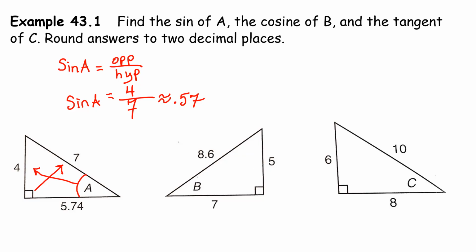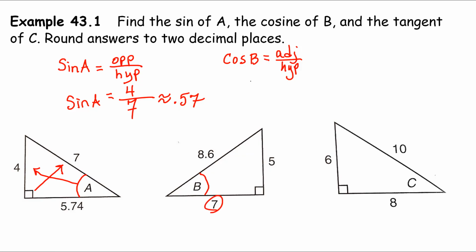All right, now in this triangle here, we're going to find the cosine of B. So cosine of B, adjacent over hypotenuse. In this triangle, if you're looking at angle B, the side adjacent to angle B is 7.